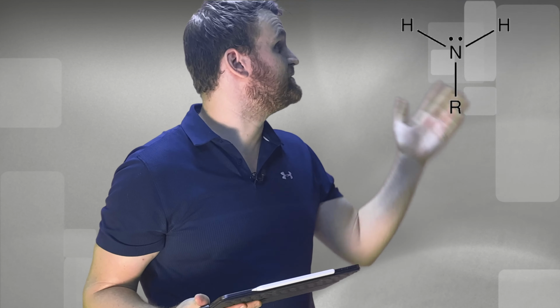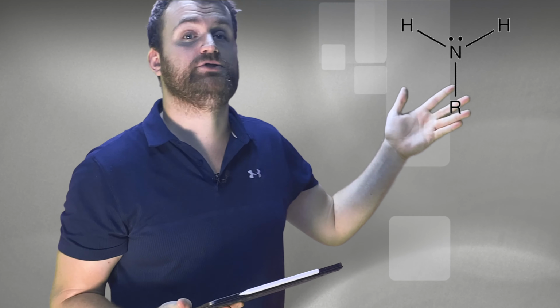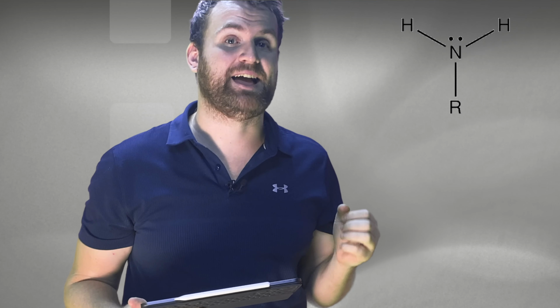Group number 2 for today are amines. Amines are those groups of molecules that are based around a nitrogen. So you can see here, there's an amine right here. That molecule is based around a nitrogen. We have primary, which has one non-hydrogen bond, secondary, which has two non-hydrogen bonds, and tertiary, which has 3 non-hydrogen bonds.